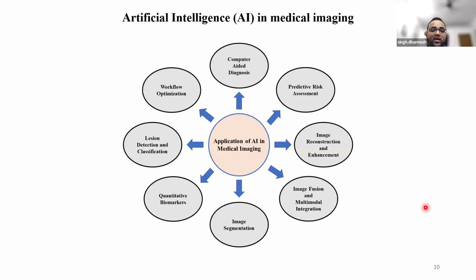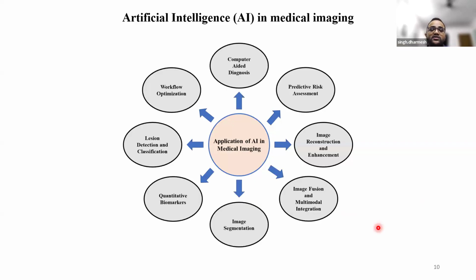Then we have image fusion and multimodal integration, where AI can integrate data from mpMRI with PET-CT, genomics data, and other clinical data to provide a comprehensive diagnostic picture, supporting personalized medicine. And finally, image reconstruction, which is a hot topic, like AI-based reconstruction.